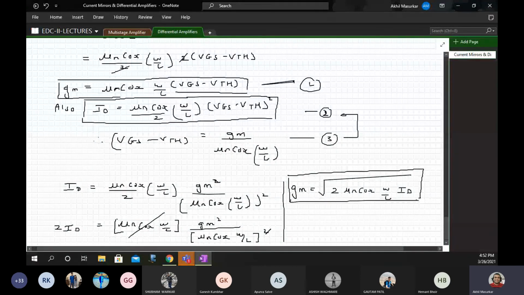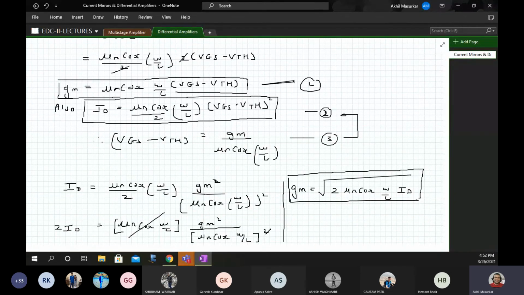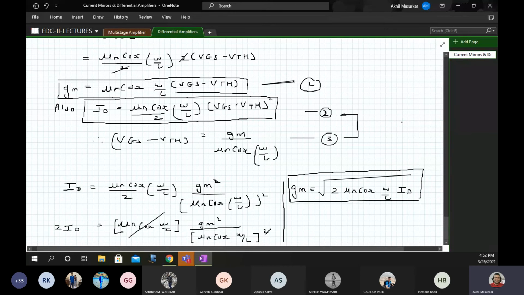So you can see from the equation that even GM, the transconductance, is a function of ID.